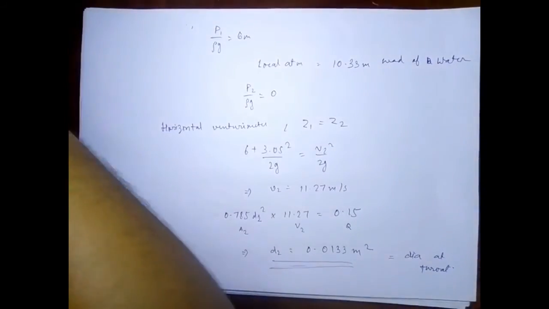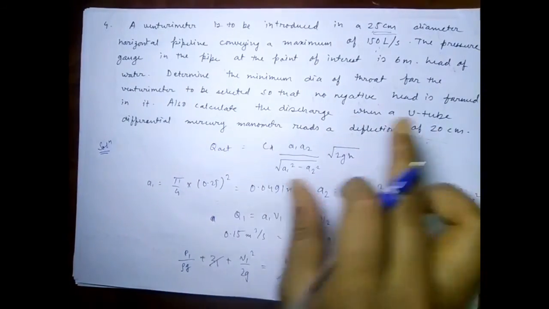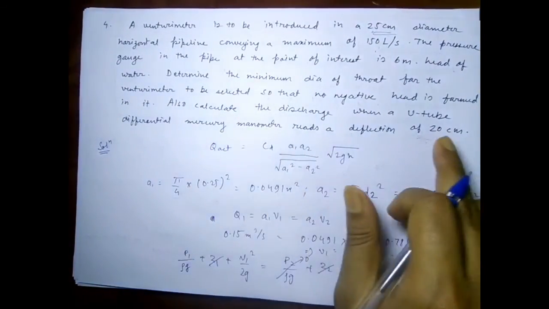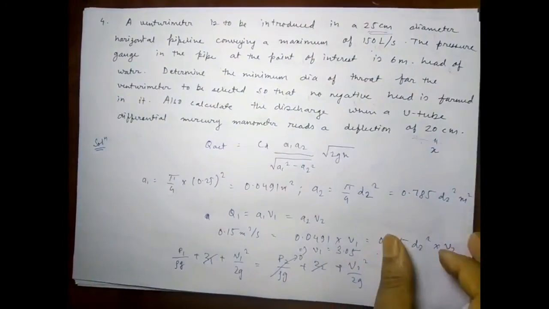Now we are asked in the second part to also calculate the discharge when a U-tube differential mercury manometer reads a deflection of 20 cm. Let's consider it to be x.